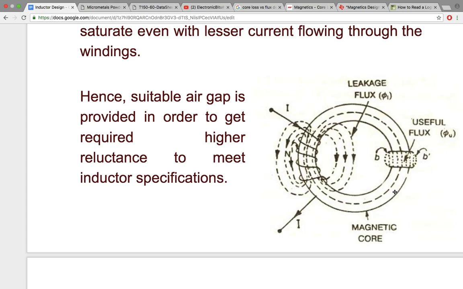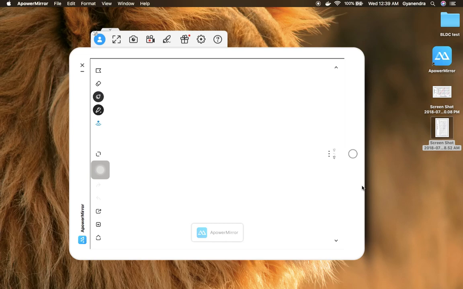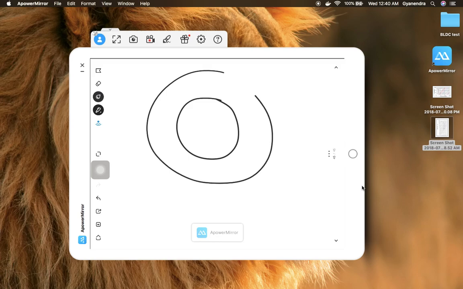So these days, to tackle that problem, what is being done? Let's say this is the same core. Instead of providing a big air gap in one place, let's say this is the air gap that was required, the length of the air gap lg. Now, instead of providing a big lumped air gap in one place, we provide distributed air gaps.